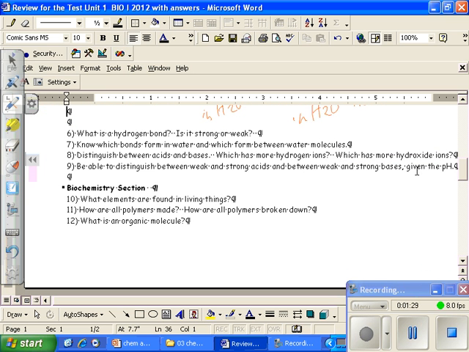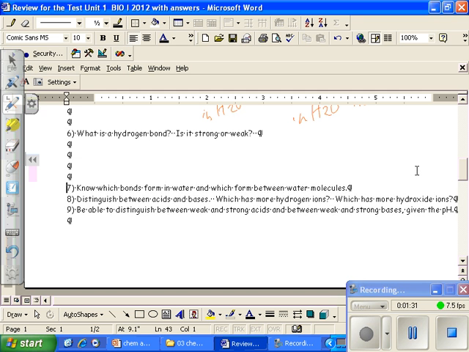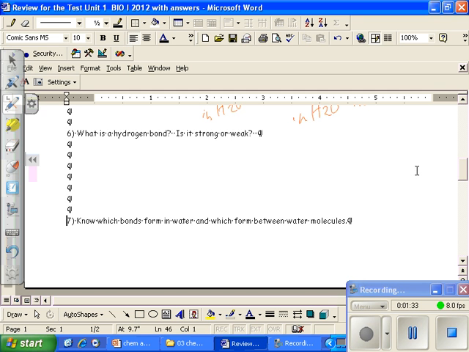Okay, number 6. What's a hydrogen bond, and is it weak or strong? So a hydrogen bond is a bond that's between a hydrogen atom of one molecule and something else of either another molecule, or it could be a really big molecule, and it could be two parts of the same molecule. But anyway, this is a covalent bond.